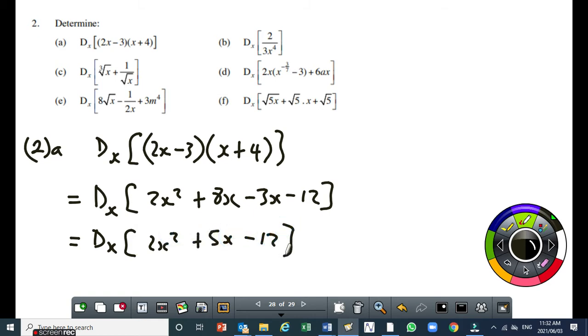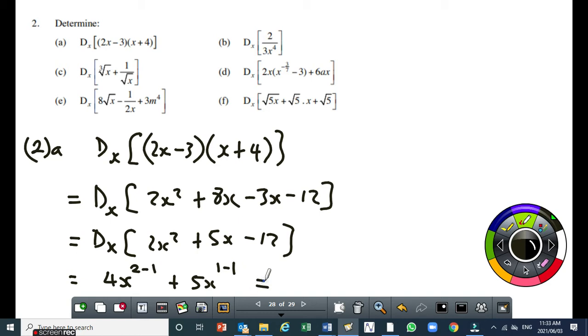Now this function is quadratic. So now I'm going to find the derivative of each term. So this becomes the exponent times the constant, we get 4x to the power of 2 minus 1, plus 1 times 5x to the power of 1 minus 1, and the derivative of a constant is 0.